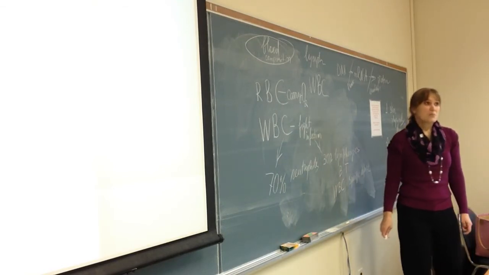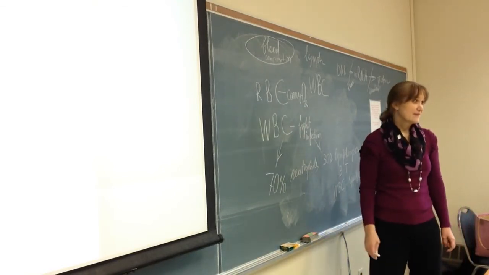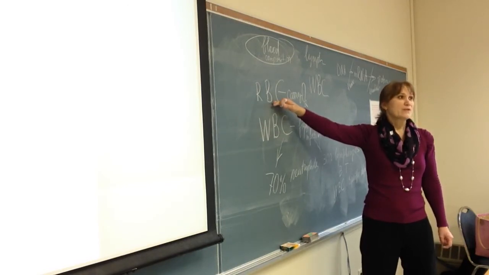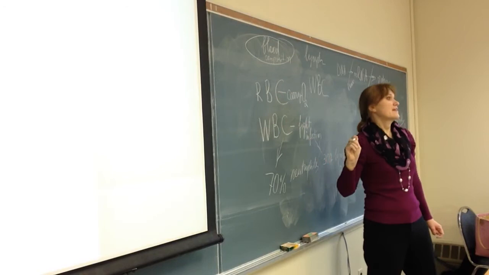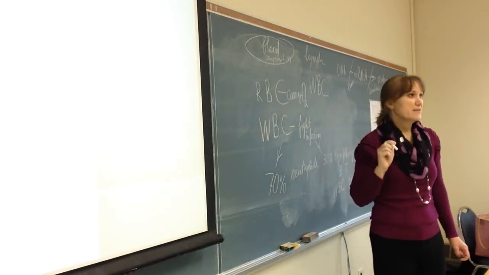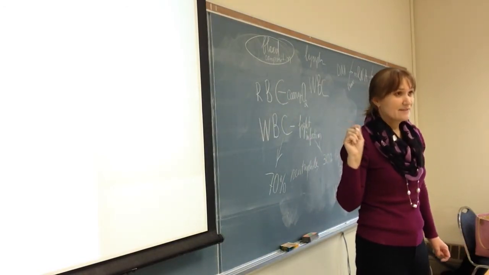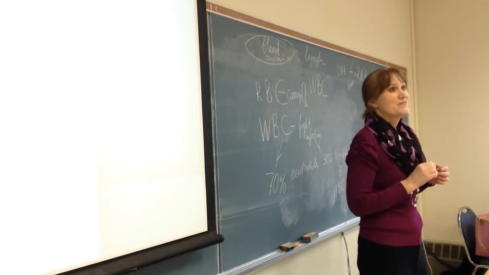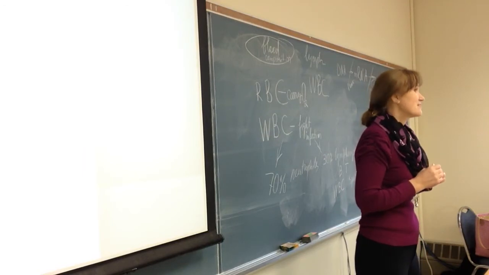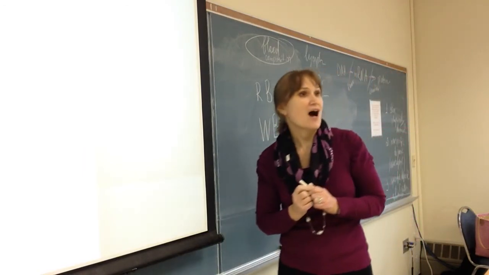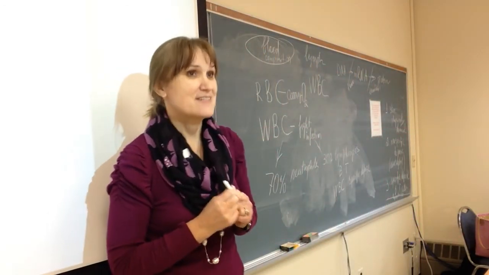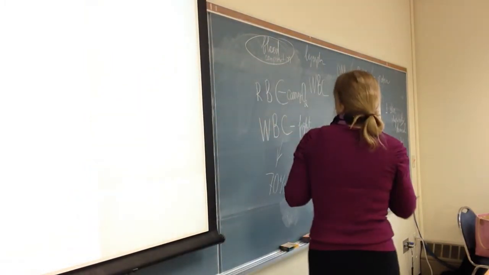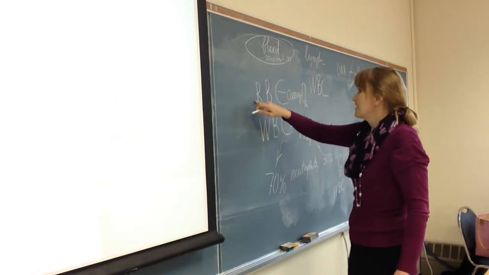Why is our blood red? Because of the red blood cells. What exactly is there in red blood cells that makes it red? Oxygen, not really. There's something that is related to catching oxygen that is red by its nature. Hemoglobin. Okay, hemoglobin.